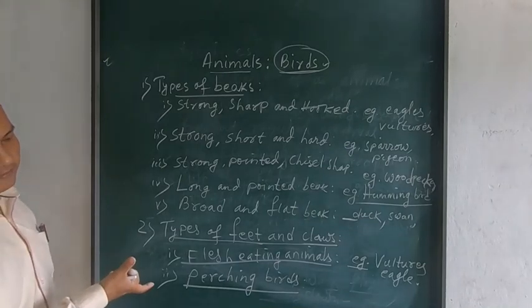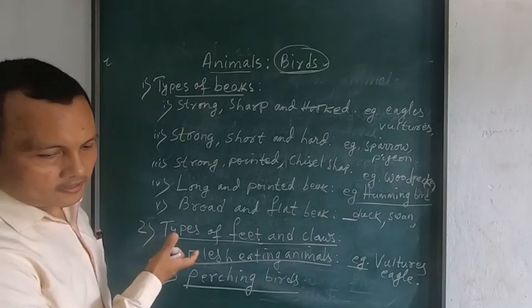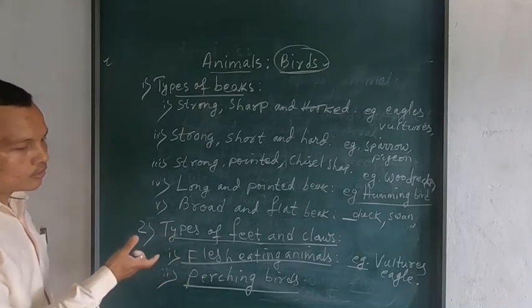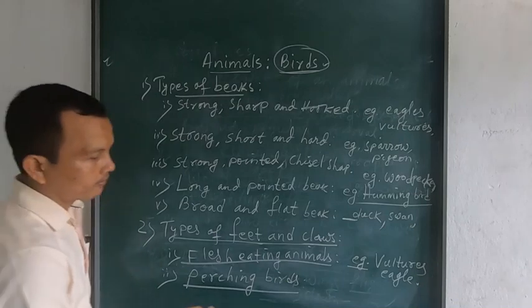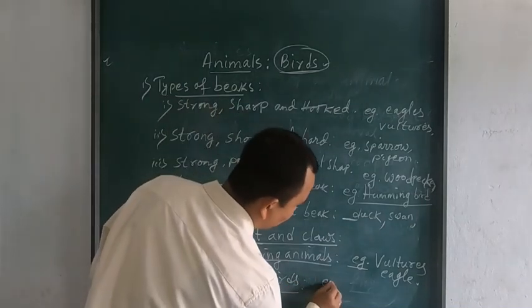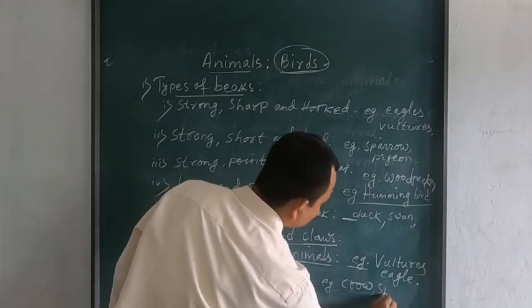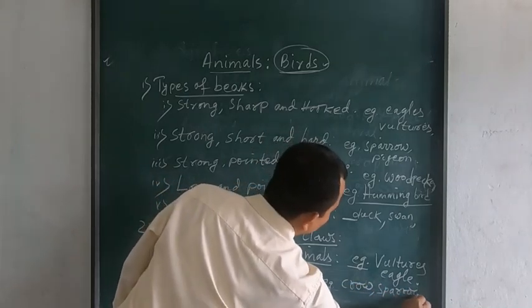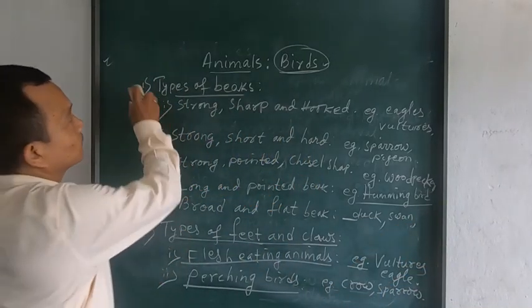This type of claws or feet is usually used to hold the branches of a tree or to hold a wire. Examples can be crow or sparrow, etc.